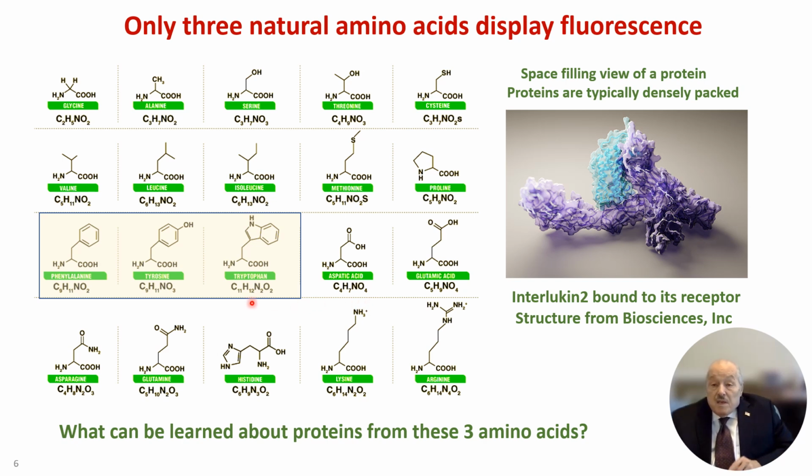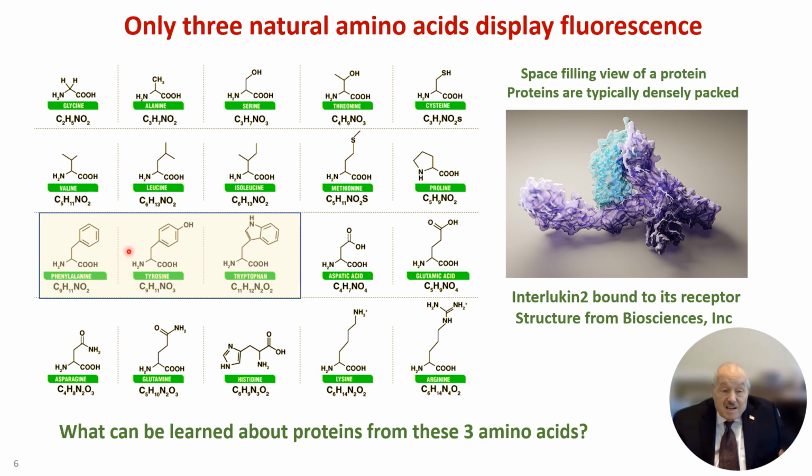So the amino acids that we're going to be interested in, out of all of these 20, are going to be these 3, the 3 aromatic amino acids. We have the phenylalanine, the tyrosine, and the tryptophan.